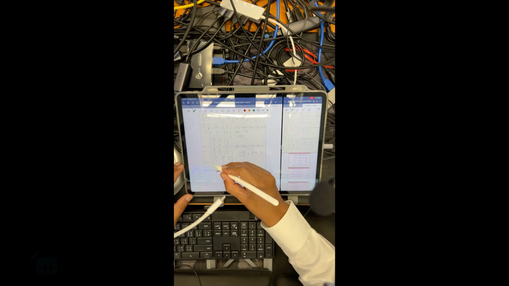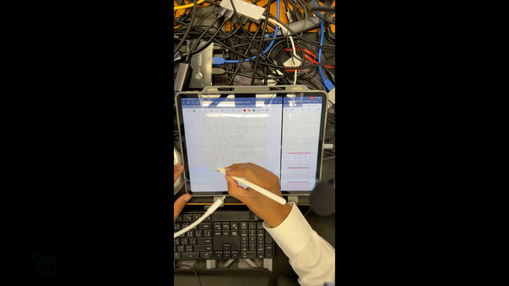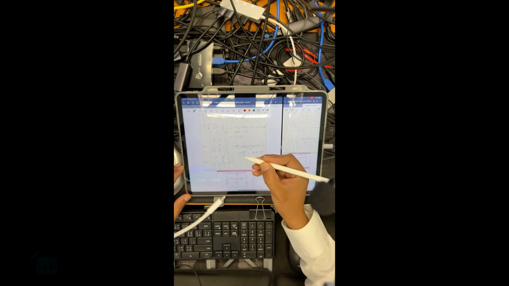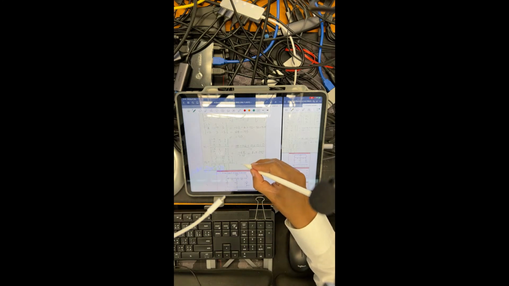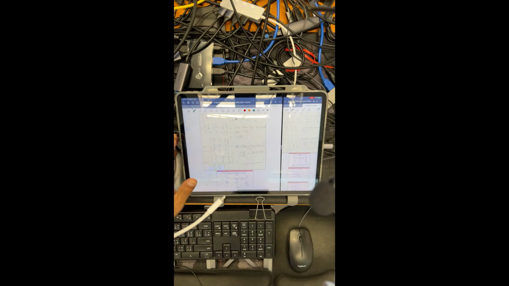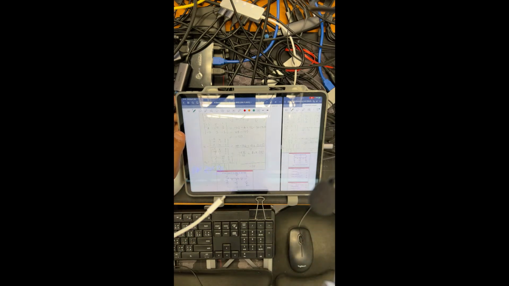Actually, you just write down the determinant result, but okay, I go into the detail for you. 4 minus 7, 1, minus 2, 3, and minus 1. As you know, the denominator is negative 10, right? Negative 10.